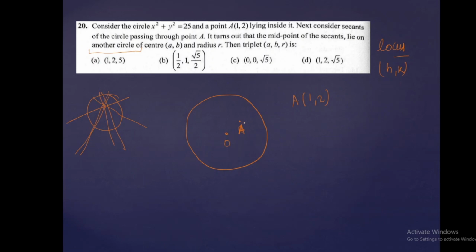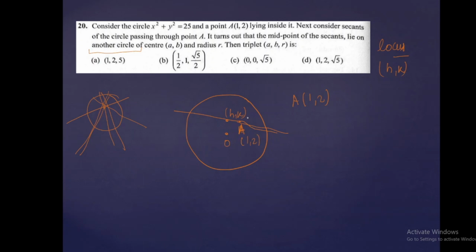So we need to find, say, we have this secant, and say its midpoint is h comma k. We have assumed that because the secant is variable, its midpoint will also be variable. So say the midpoint is h comma k, and this point over here is 1 comma 2.